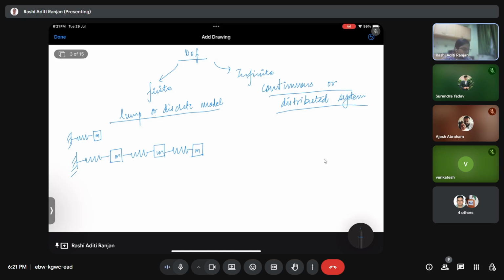Like, for example, if I have a cantilever beam like this, if a load is applied, it deforms something like this, right? Every point is actually coming down. Like this is now this.